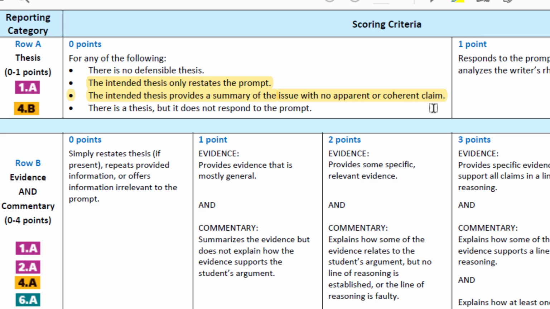It doesn't matter how inflammatory the topic is. It doesn't matter how crazy the topic is. It is absolutely critical that you are not responding to the topic of the passage you're asked to analyze. You must respond to the methods that the author is using to communicate their topic.